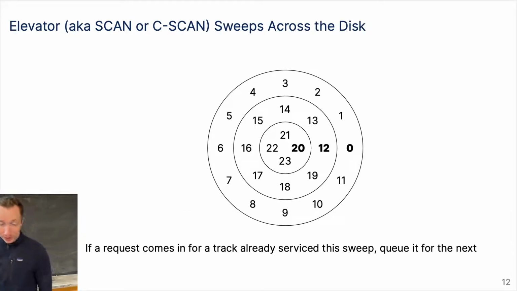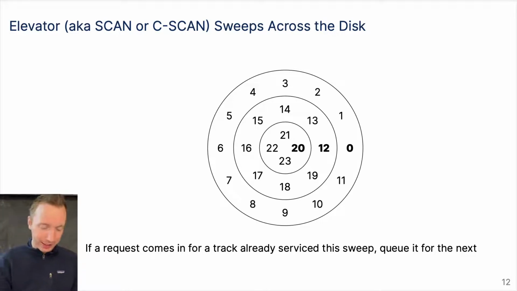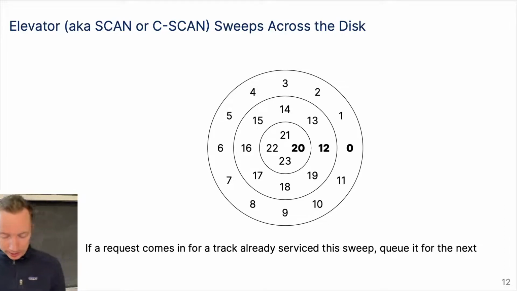So what you can do is an algorithm called the elevator, which sweeps across the disks. Say these are our requests for sectors 0, 12, and 20. Well, what the elevator does is it will go sequentially through the tracks.